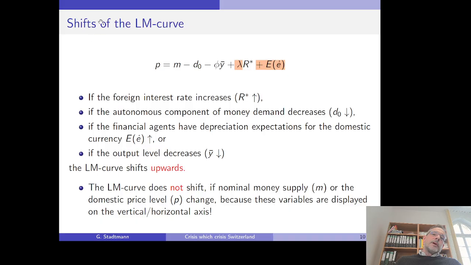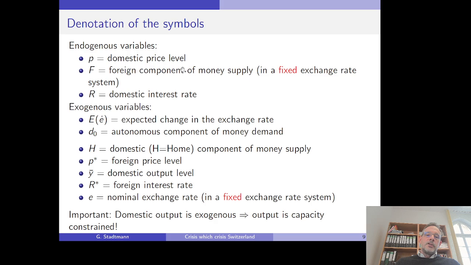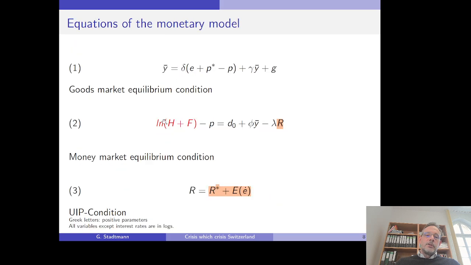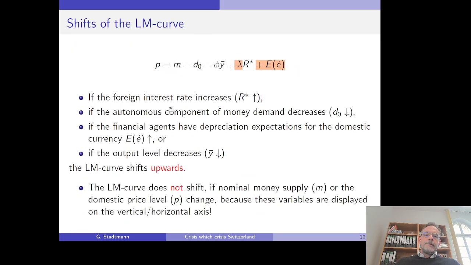So we have to talk about the shifts of the LM curve. The LM curve shifts upwards, of course, if money supply changes, but here I will also make an adjustment and put the natural log of H plus F at this position.